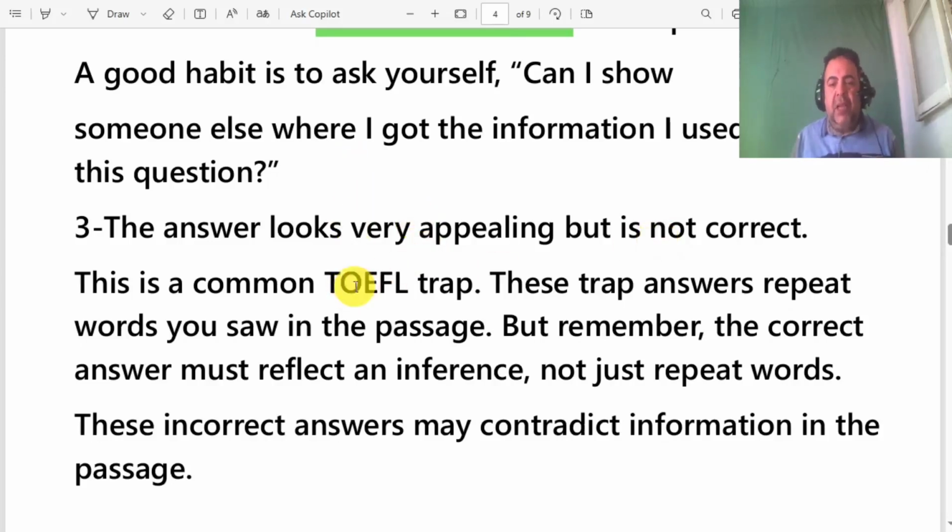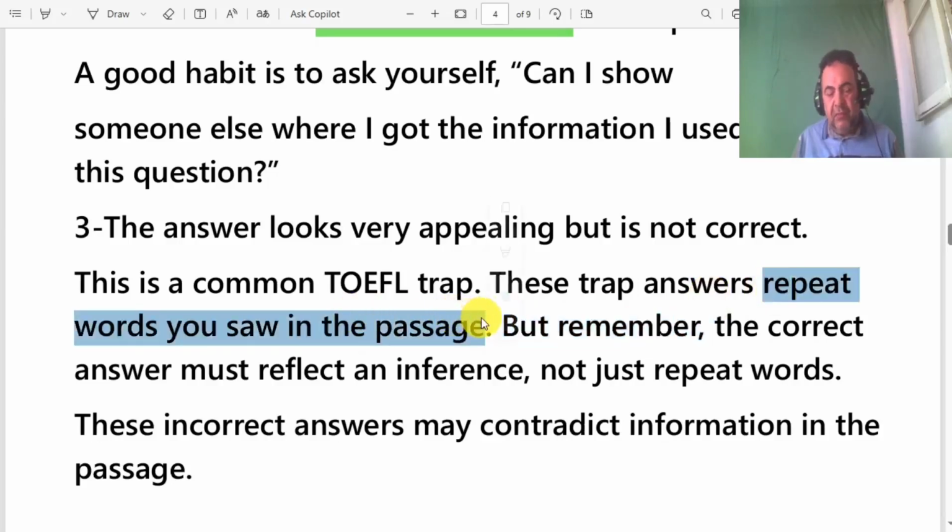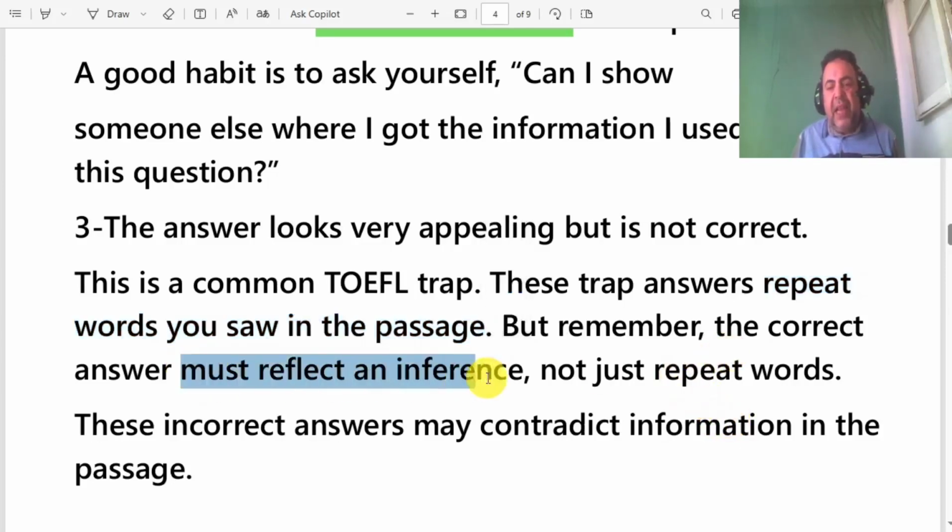This is common in TOEFL traps. These trap answers repeat words, okay? There are repeated words you saw in the passage. The same words in the passage are mentioned in the choice, okay? But remember, the correct answer must reflect an inference, not the same words.